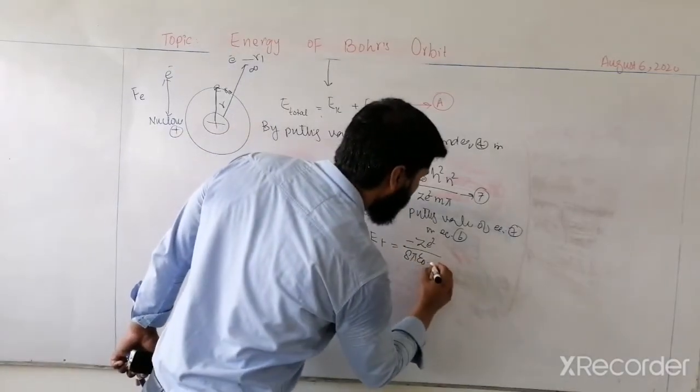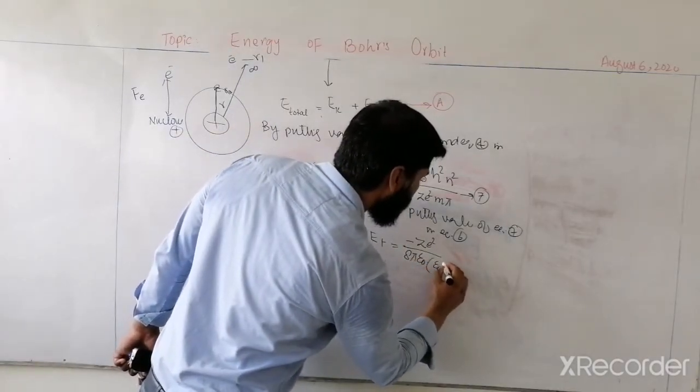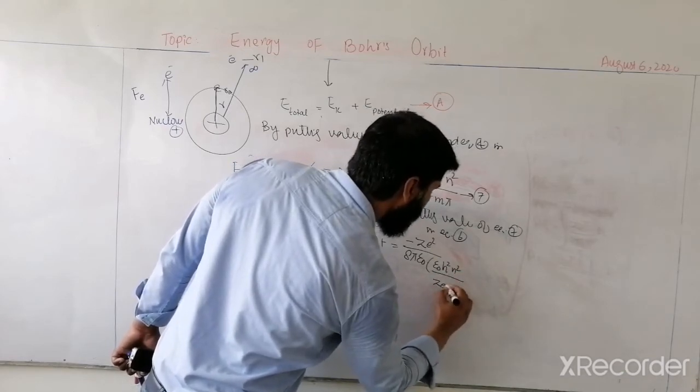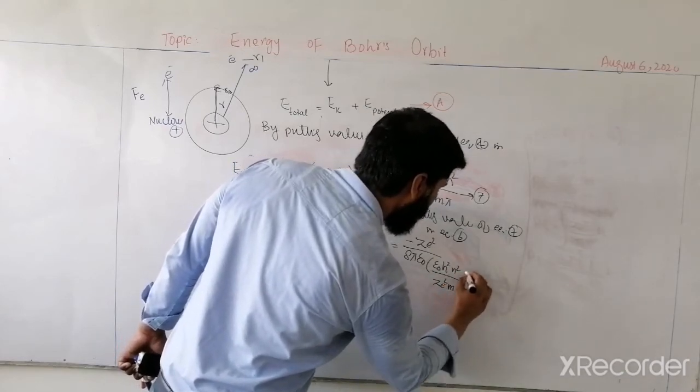Here is the value of R, which is epsilon naught h square n square divided by Z E square pi m.